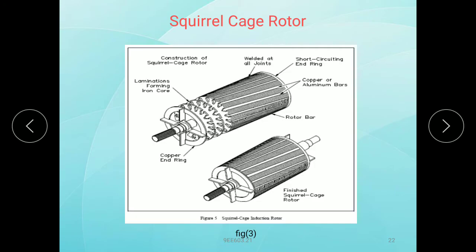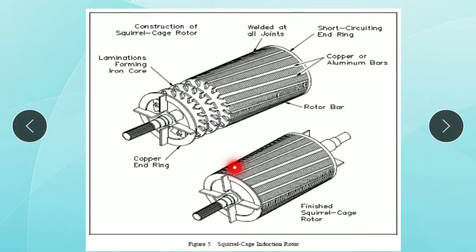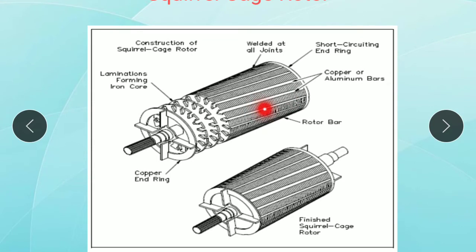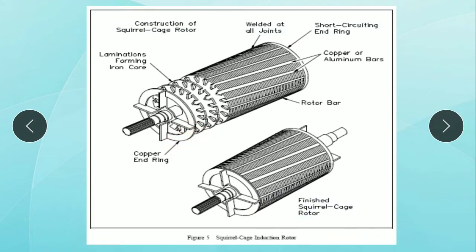Now, squirrel cage. This is the figure showing the rotor bars. Here the copper end rings, this one is a copper end ring, and this one is a copper end ring. Laminations forming the iron core are welded at all joints, and short-circuited by end rings, with copper or aluminum bars.